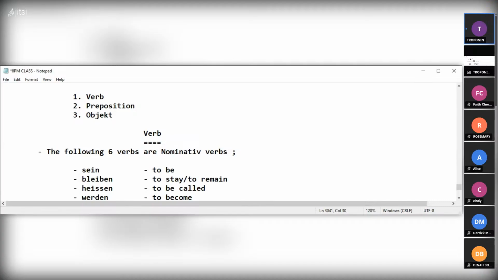So let's see. Now I want to go to, just a minute. So there are some verbs which take dative.